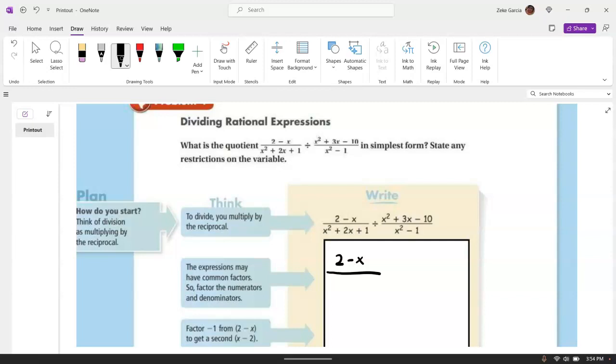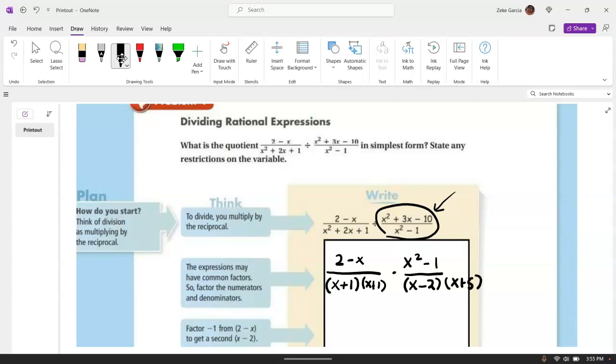If you factor x squared plus 2x plus 1, it's going to be x plus 1 times x plus 1, times, you're going to have to get the reciprocal of this fraction, x squared minus 1 over. So you got to find the factors of -10 that add up to be 3. So we have x minus 2 times x plus 5, right?